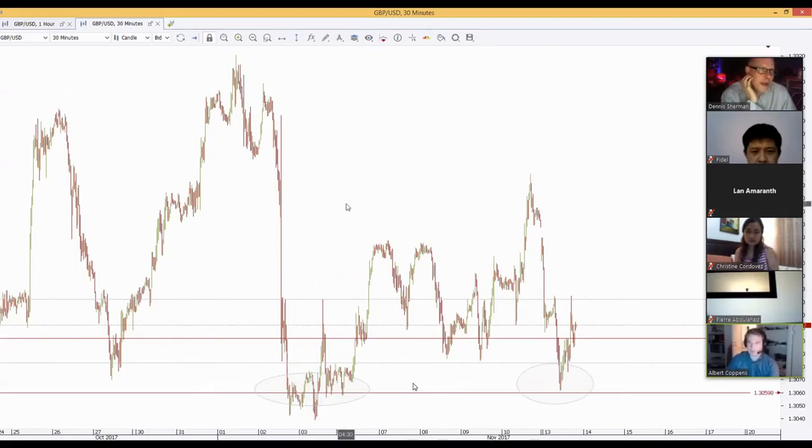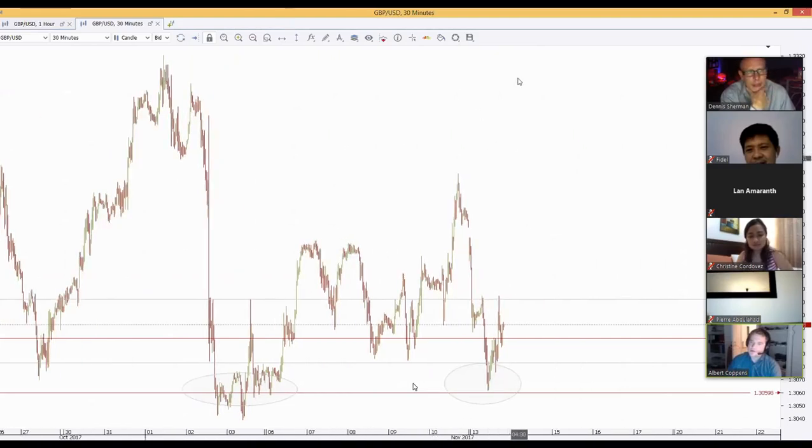Guys, I'll ask you a question so that you can use some thought about this. Why do you think that is? Why would the market respect those levels? Anyone got an idea on that? Just think about it. Think about if you were going to catch a train.